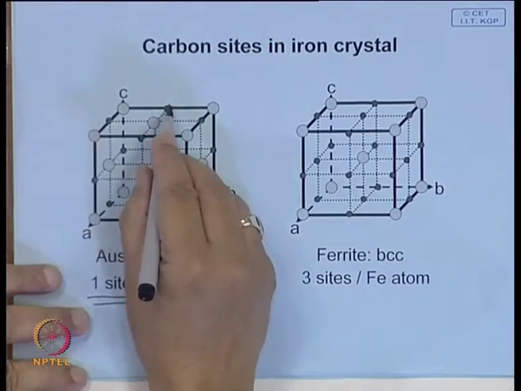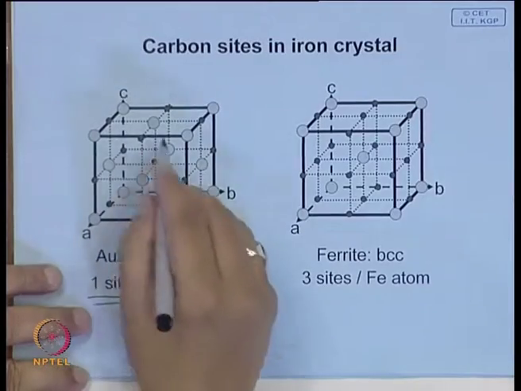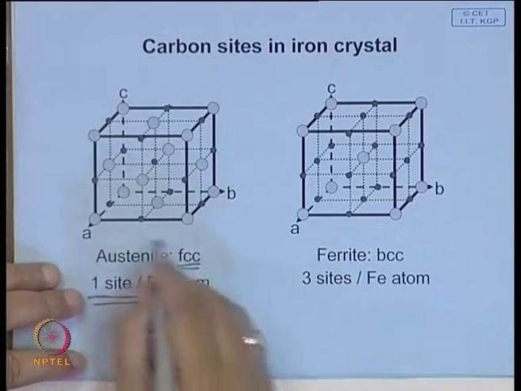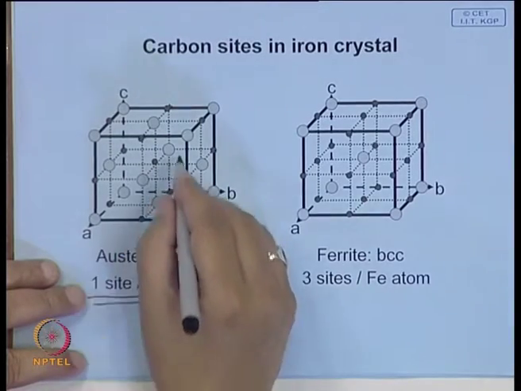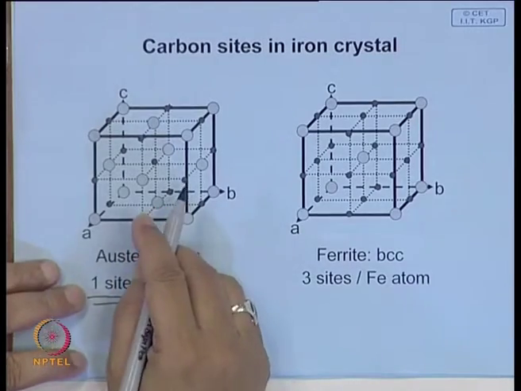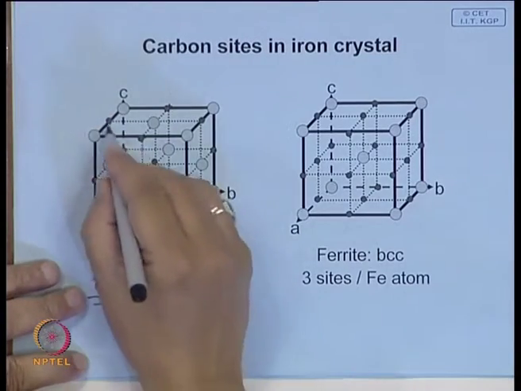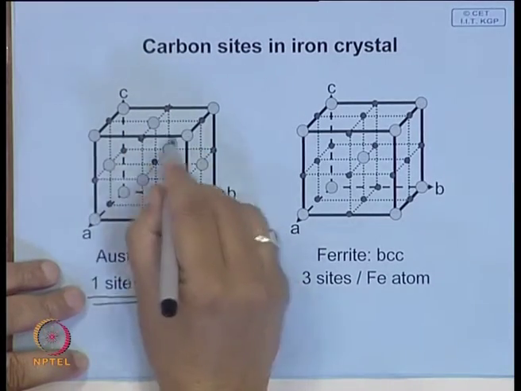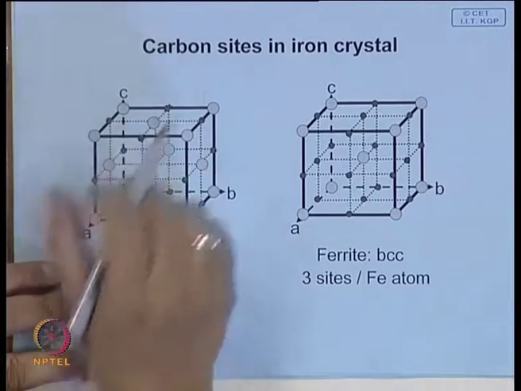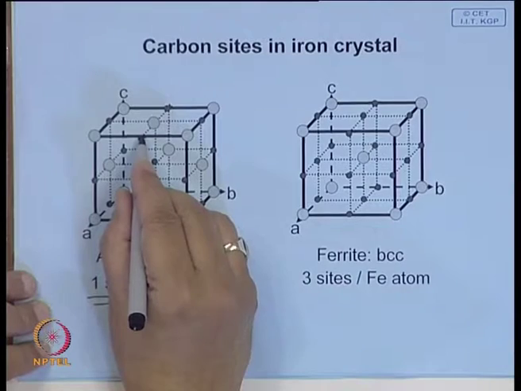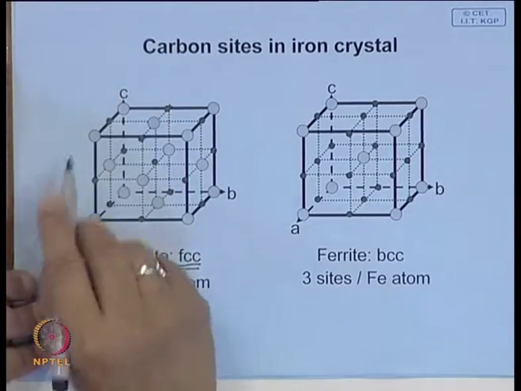If every site is accommodated by a carbon atom, then the atomic percent solute could go up to 50 atomic percent, which never happens. It cannot accommodate so many, because if you look at the dimension of these interstitial sites, they are not large enough to accommodate a carbon atom without lattice distortion.